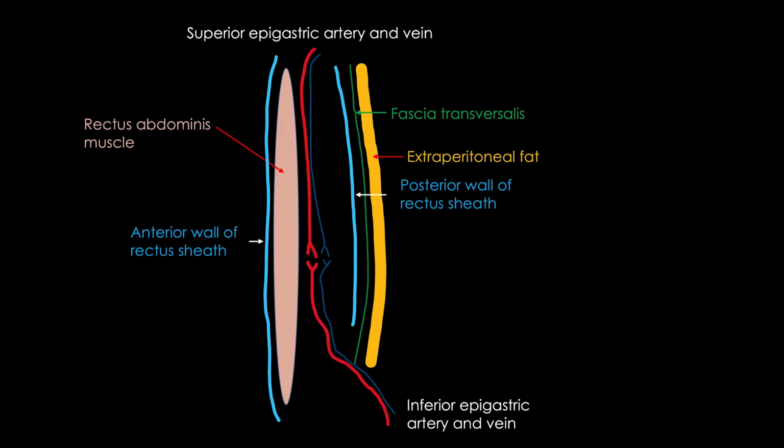Guys, this rectus sheath is a really important landmark, and we need to know about it. So now there you can see a line which runs transversely in an arc fashion, and this line is my arcuate line.